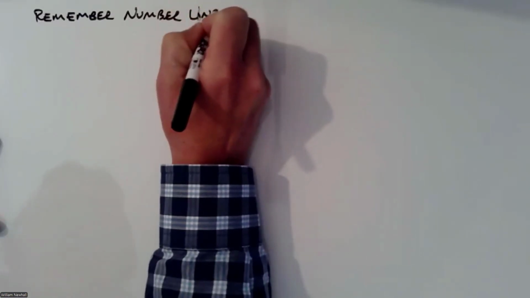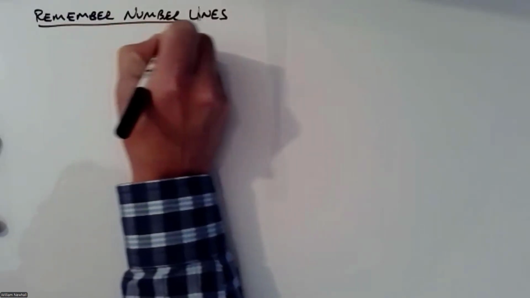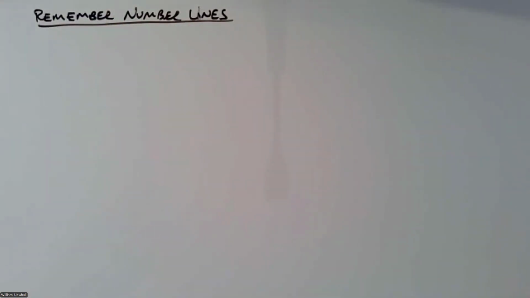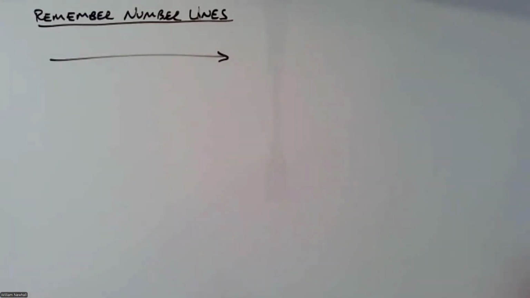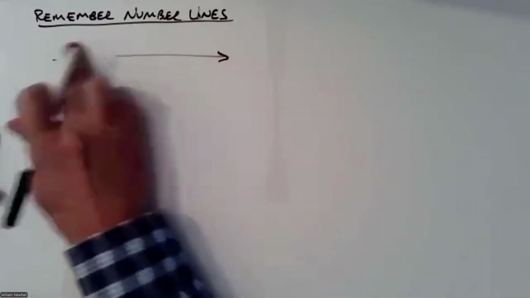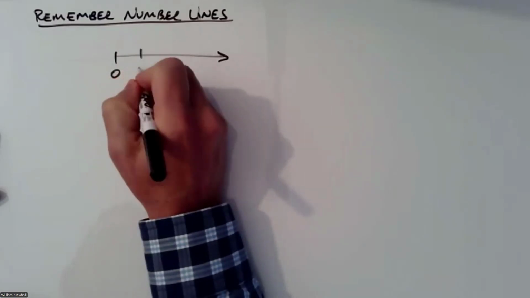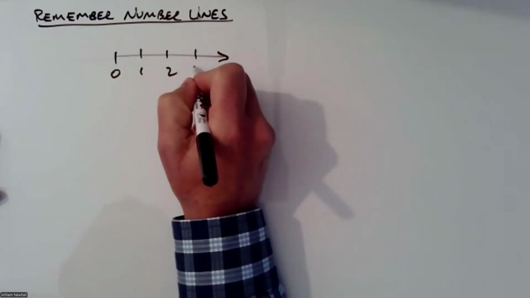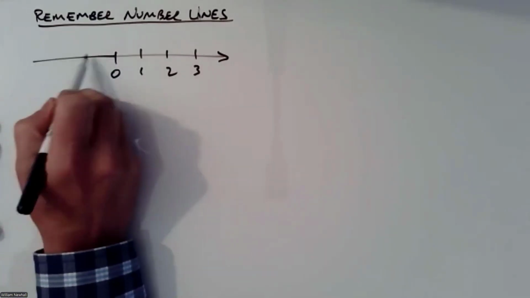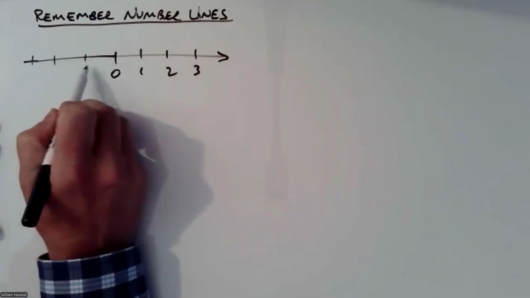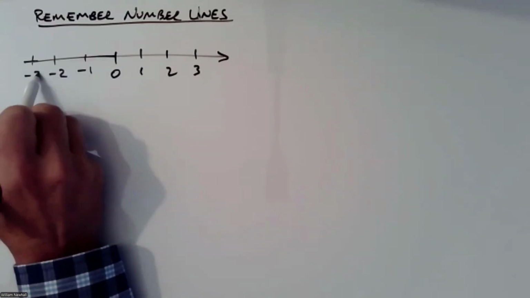Number lines were a way for us to visualize a range of numbers and what we were doing. So we did this in one dimension, right? We had a 0 and we had 1 and we had 2 and we were learning how to add and subtract by moving back and forth on the number line. And then we included negative numbers, -1, -2, -3.